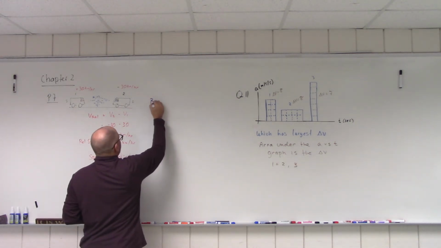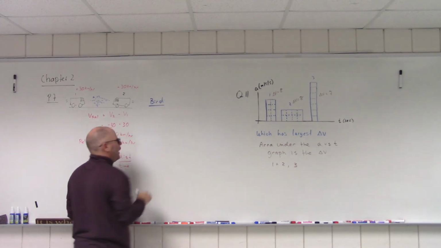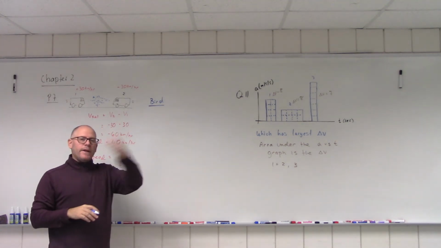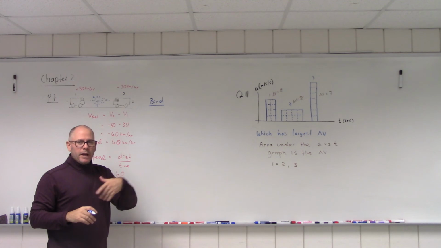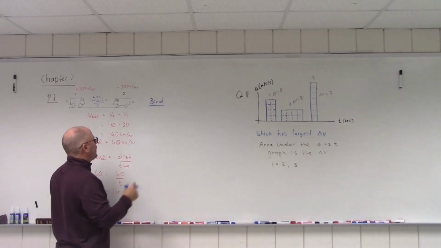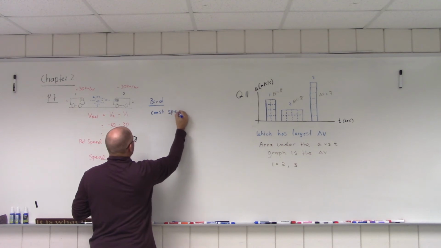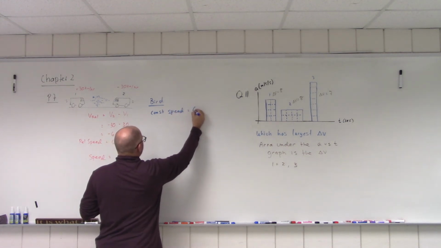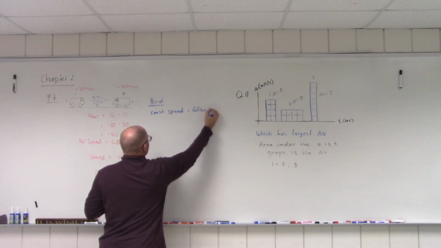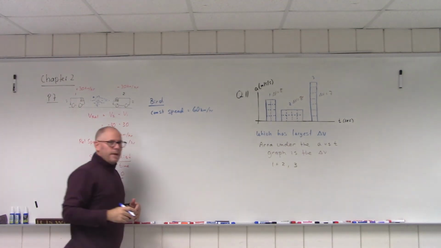If I now talk about the bird, they said that he hits a train and turns around instantaneously, so there's no speeding up or slowing down. The bird is going at a constant speed of 60 kilometers per hour. That's a bird's constant speed.